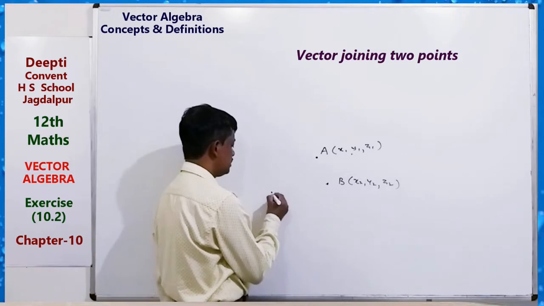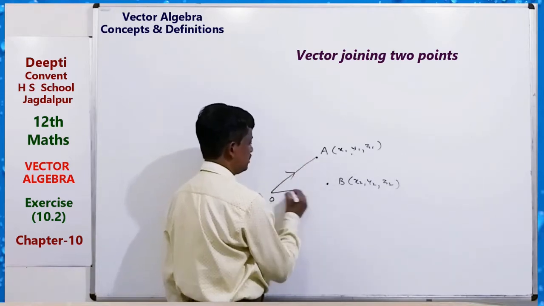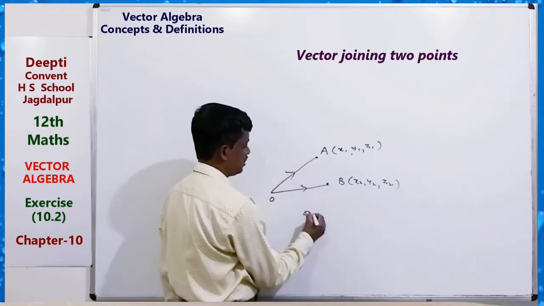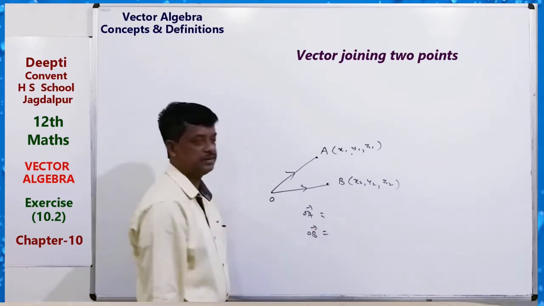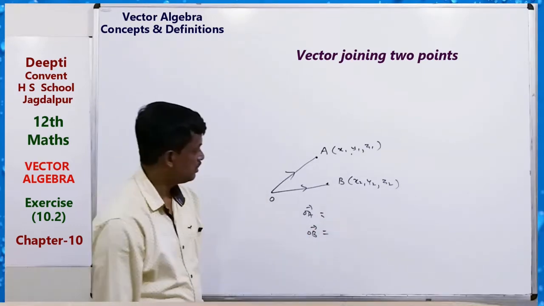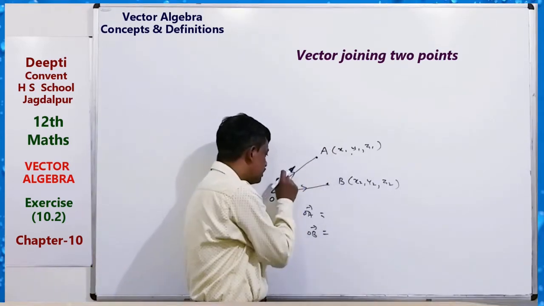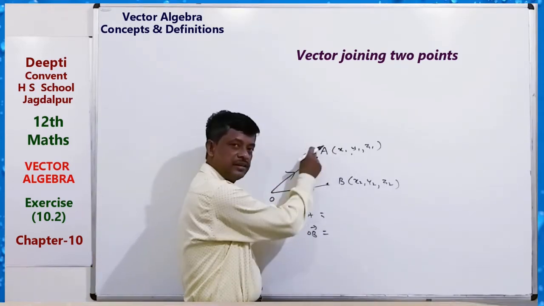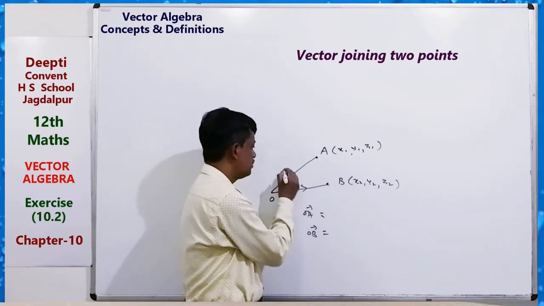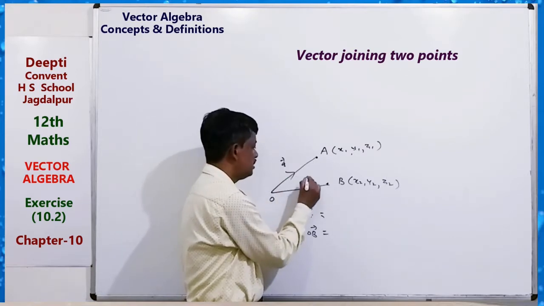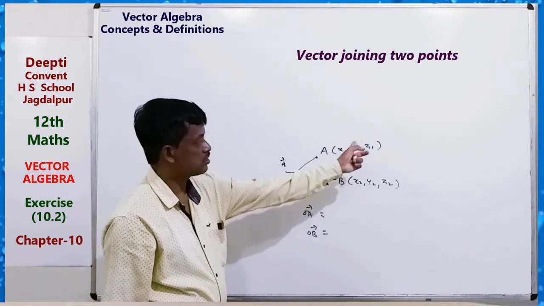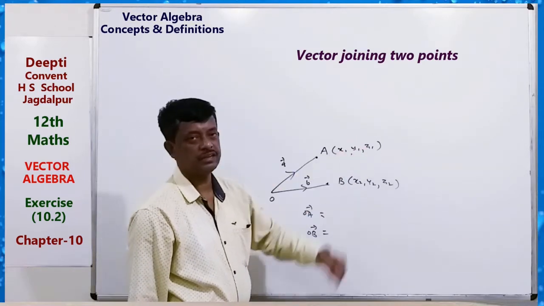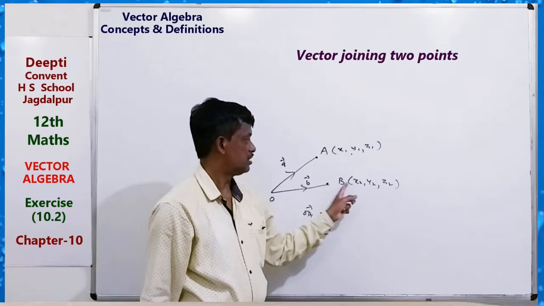Suppose this is the origin, so this is OA and this is OB. We know the scalar components of this vector OA and this vector OB, this is vector a and this is vector b. Its scalar components x, y, z and vector components xi, yj, zk.